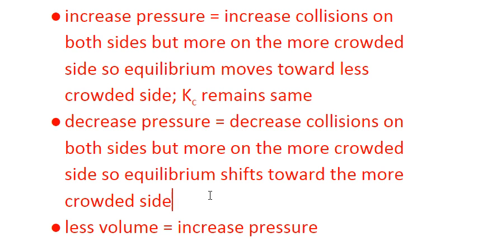So increasing and decreasing pressure is like adding reactant to that side or removing reactant from the more crowded side. So if your product side's the more crowded side, when you increase pressure, it's like you added more because you increase collisions more there. And if you take pressure away, it's like taking away from your more crowded side. So yeah, it's the more crowded side that's going to see a greater increase or decrease.